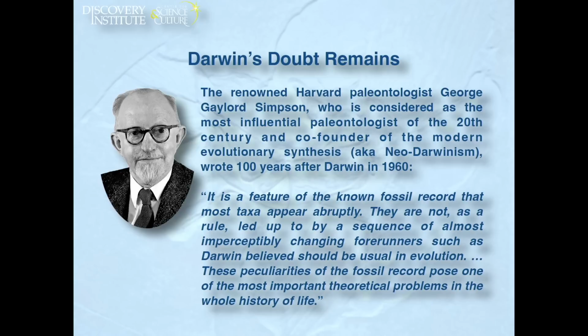They are not, as a rule, led up to by a sequence of almost imperceptibly changing forerunners, such as Darwin believed should be usual in evolution. This should be expected according to the theory. The peculiarities of the fossil record pose one of the most important theoretical problems in the whole history of life.